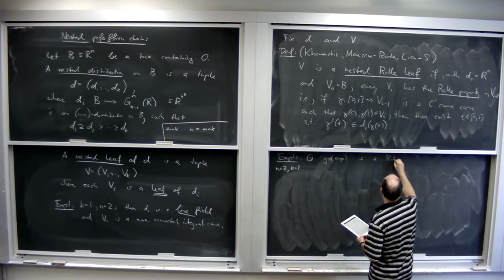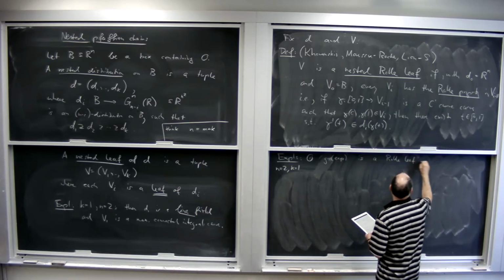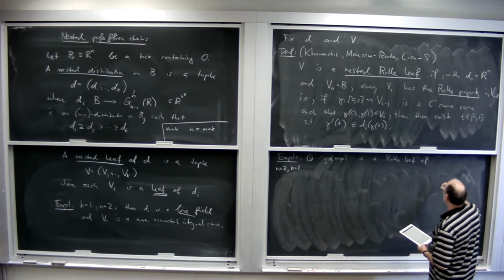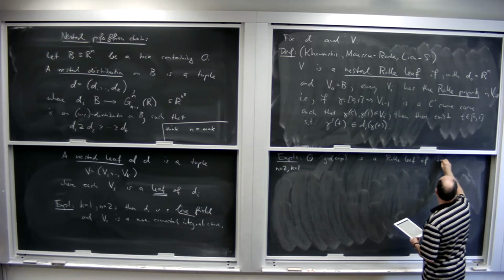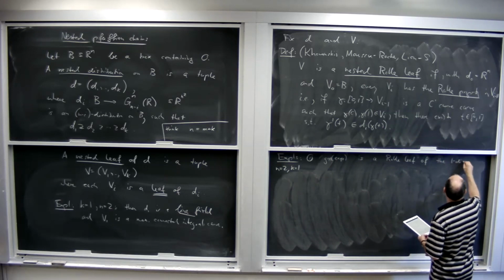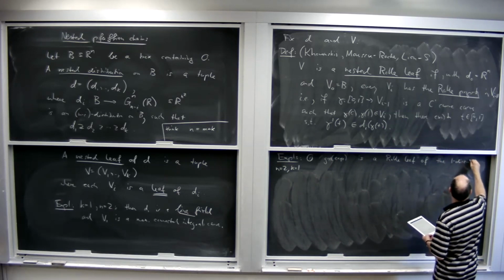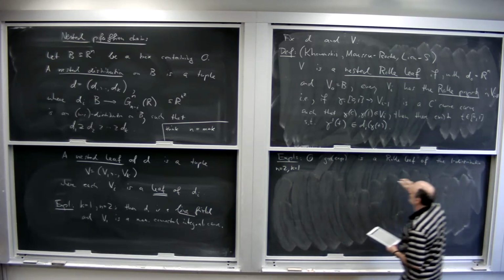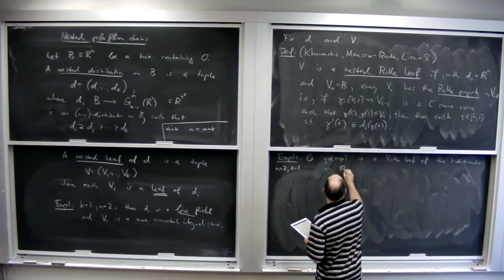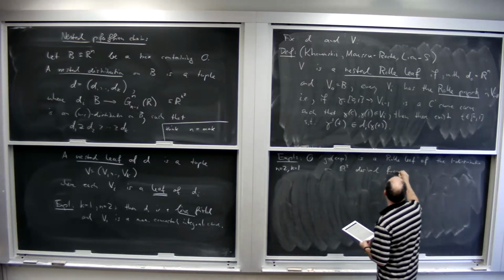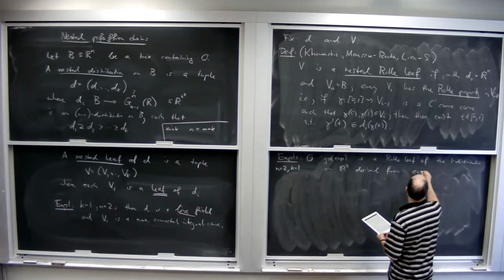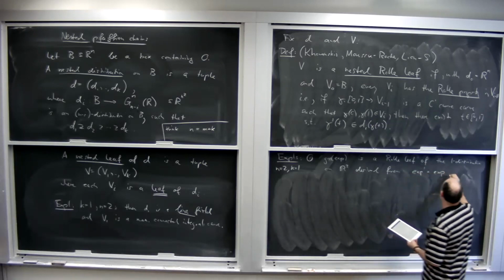So it's what we call a Rolle leaf of the distribution that derives from the differential equation that e^x satisfies, of the one distribution on all of R^2 derived from the fact that x' is equal to x.